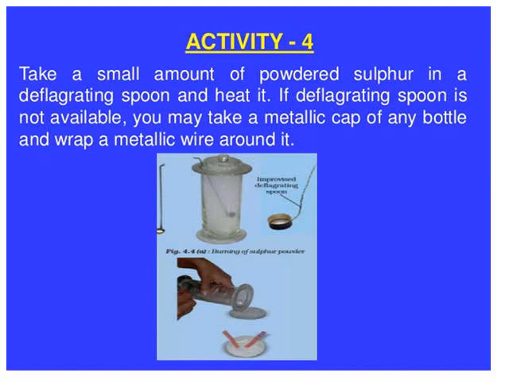If a deflagrating spoon is not available, you may take a metallic cap of any bottle and wrap a metallic wire around it. You can see in the diagram a glass jar is being taken and a deflagrating spoon is taken and powdered sulfur is taken into the deflagrating spoon. Let us see what to do.